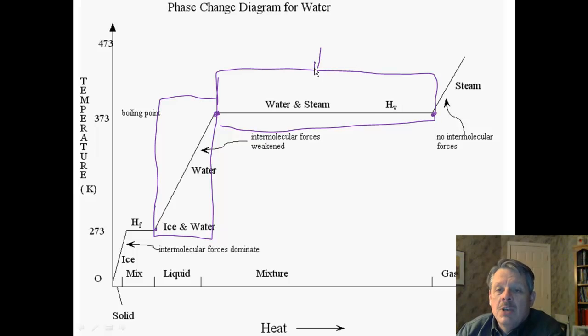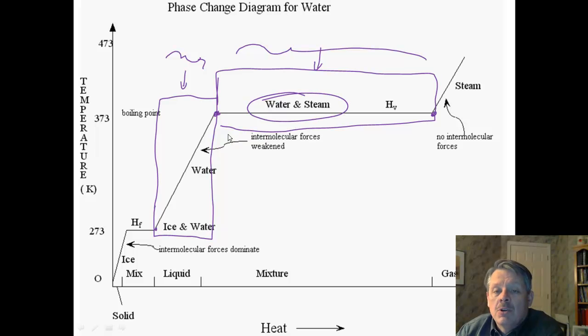Notice how wide this is compared to how wide that is. That's because it takes so much more energy to convert water to steam than it does simply to heat it up. Think about putting a pan of water on the stove. It doesn't take long to bring it to a boil. But when it boils, does it boil off quickly? No, the water just stays there and stays there. There's your reason why.